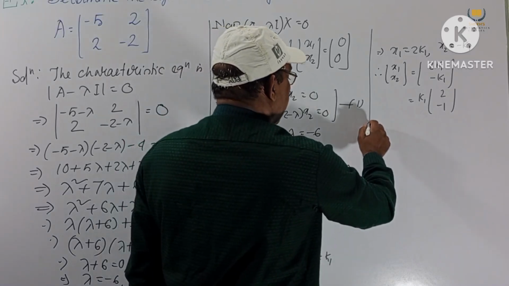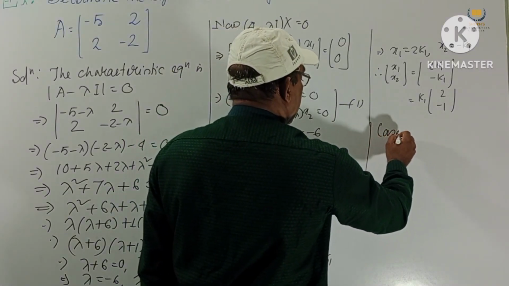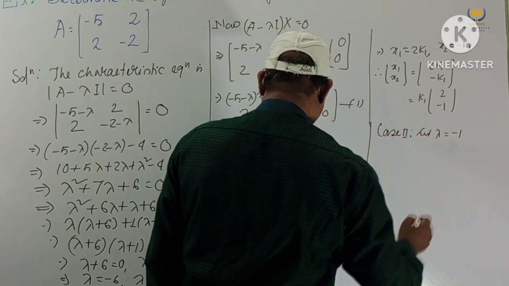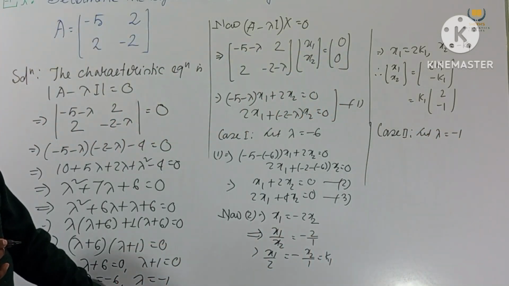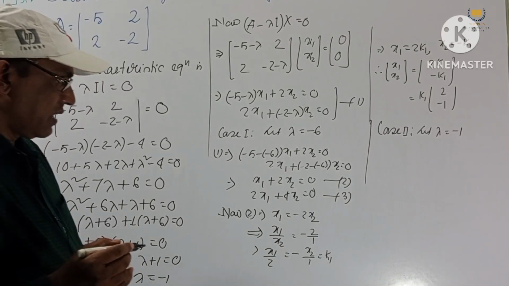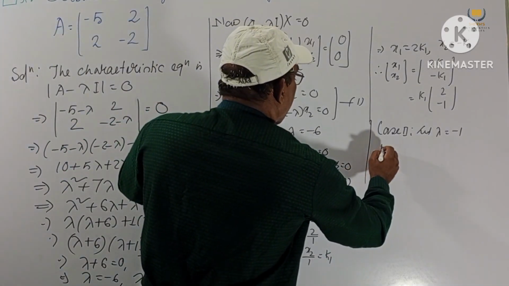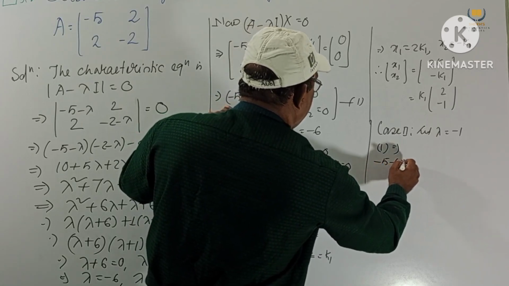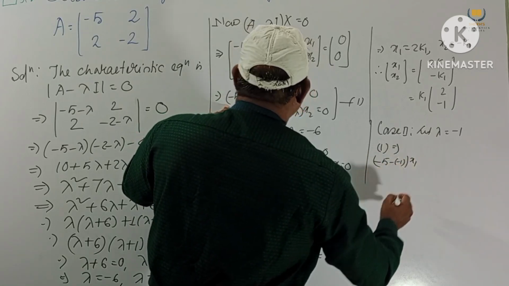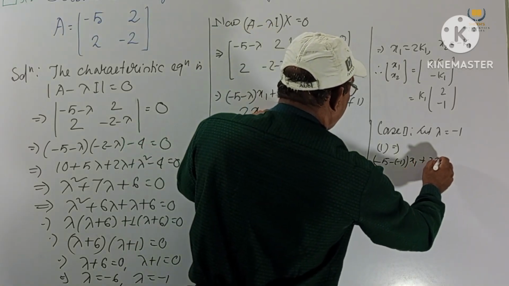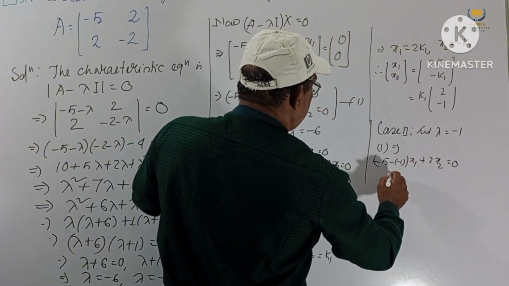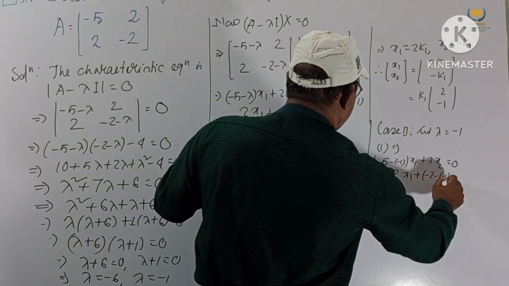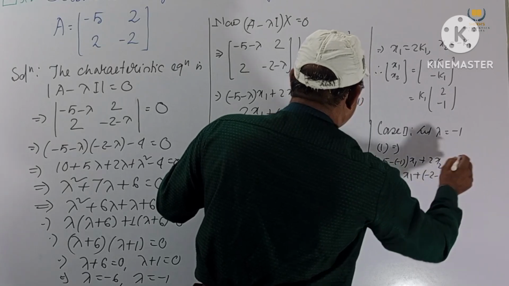Next we consider case 2. Let lambda equal to -1, another value is -1. We put -1 in equation number 1. Now 1 implies (-5 minus -1) x1 plus 2x2 equal to 0, and 2x1 plus (-2 minus -1) x2 equal to 0.